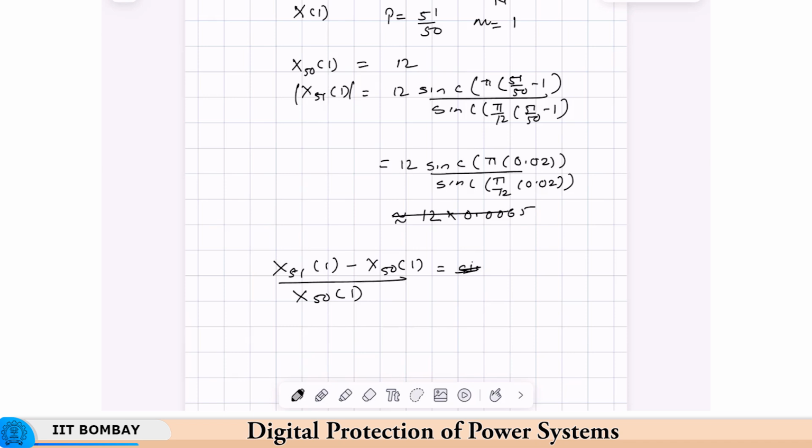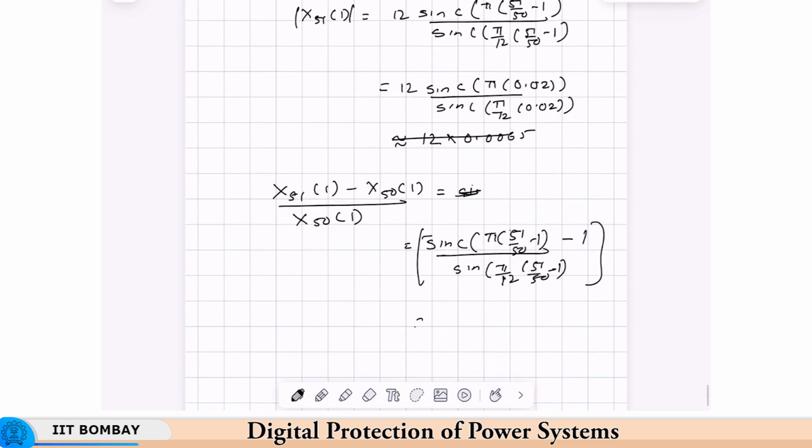So you will get sinc of pi by 12, sinc of pi (51 by 50 minus 1) upon sinc of pi by 12 (51 by 50), minus 1, approximately 0.0065.